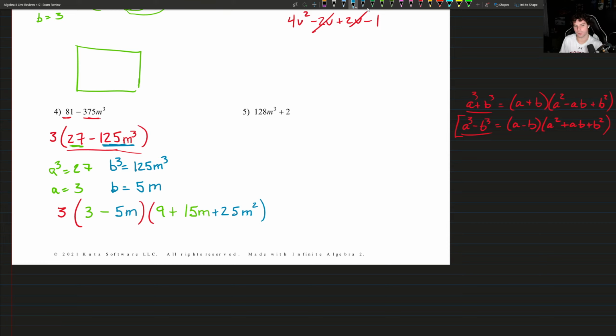Right now, this is all I'm looking for, okay? It says factor completely. If you're able to get to here and actually use these formulas, that's all I'm looking for.